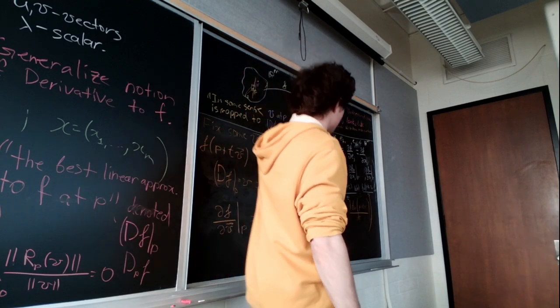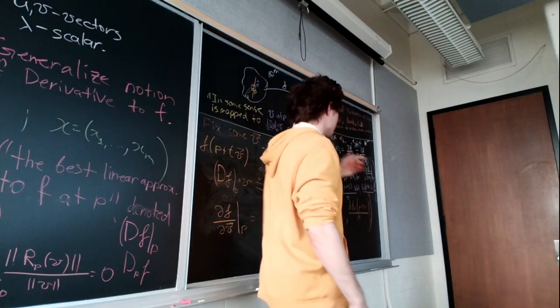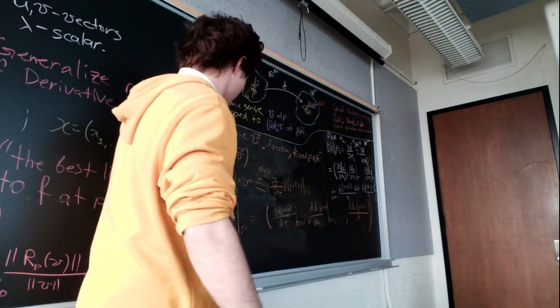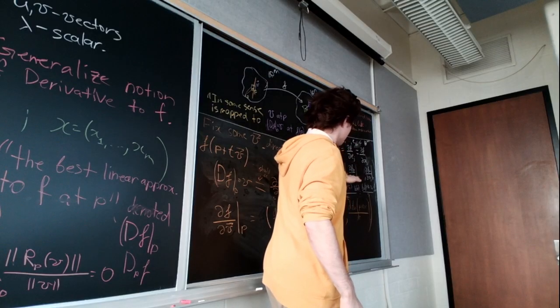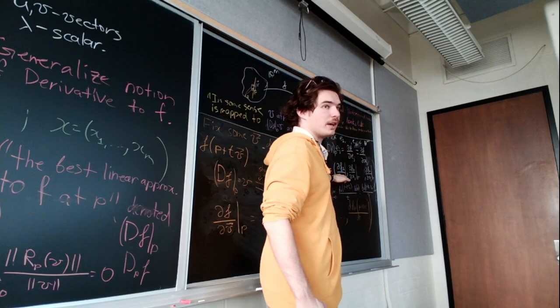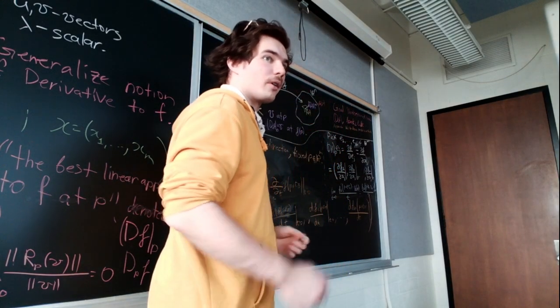It will change by this vector. So this means that the best linear approximation, df p applied to ej, is this vector. Do you agree? Good.